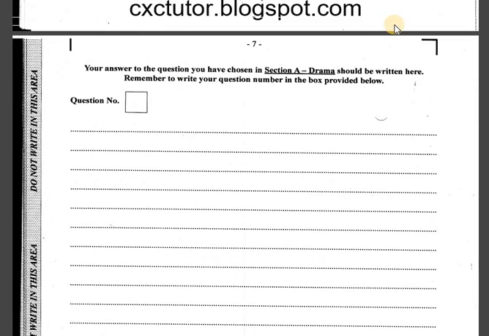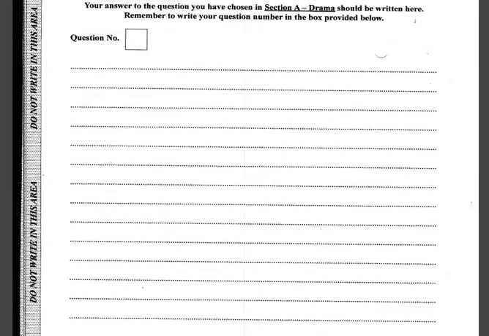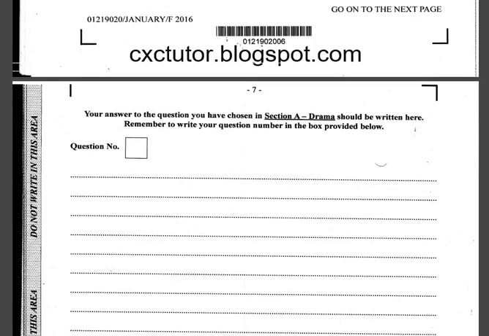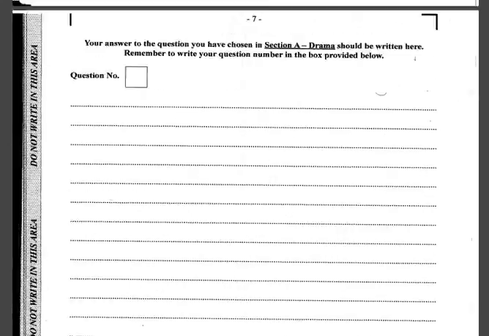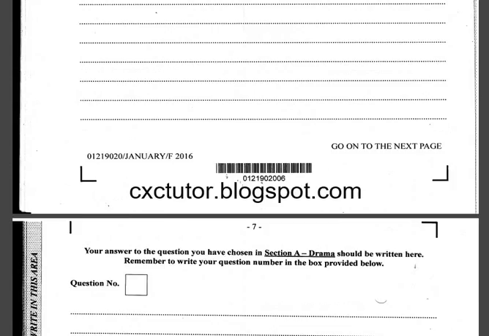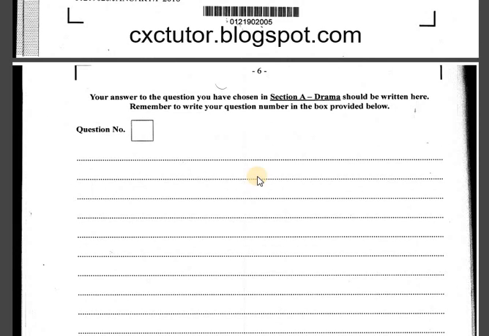As I've said before, you get a booklet to write in, and you get additional paper. Say you have 2 sheets provided, I think it's more than 2, but say you have 2 sheets provided and you need additional sheets.